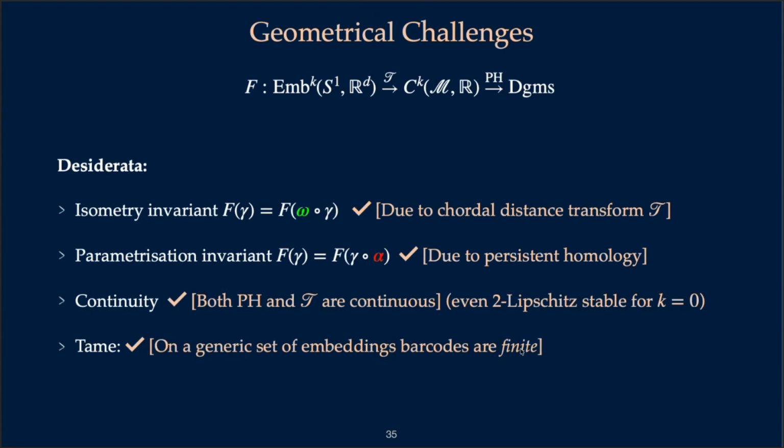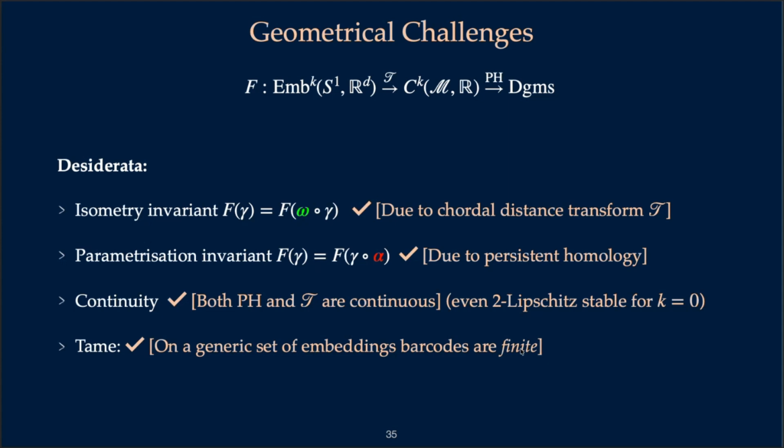We're ticking off a list of desirable properties. We satisfy the two invariances in the first step and the second step. The third item is continuity. Both of these two steps are continuous transformations, so this whole thing is continuous.